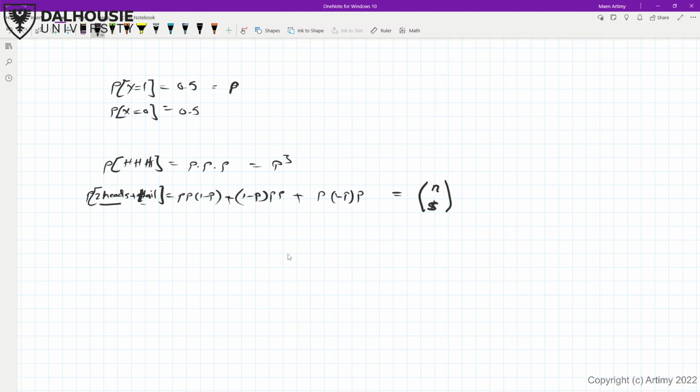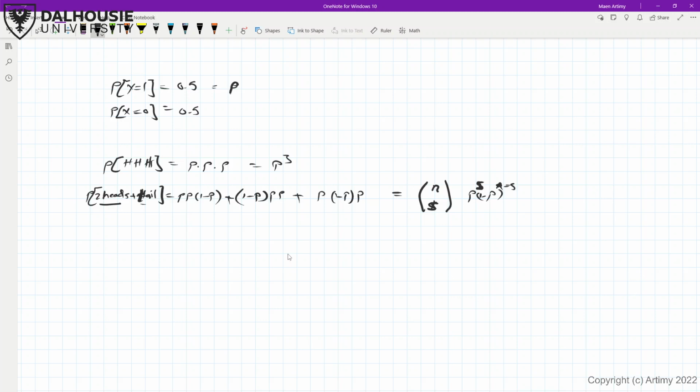And how many successes? We had 2. So I wrote it as n choose s, p to the power of s, and 1 minus p to the power of n minus s.